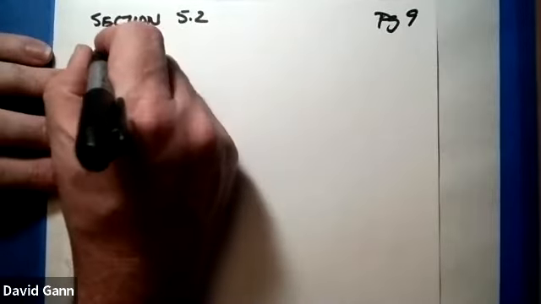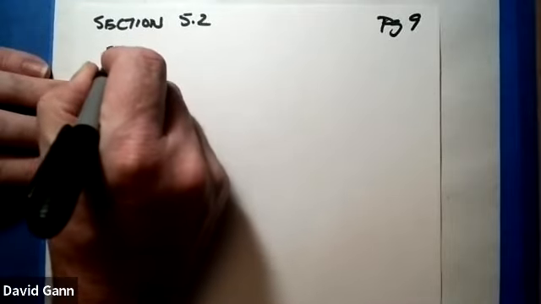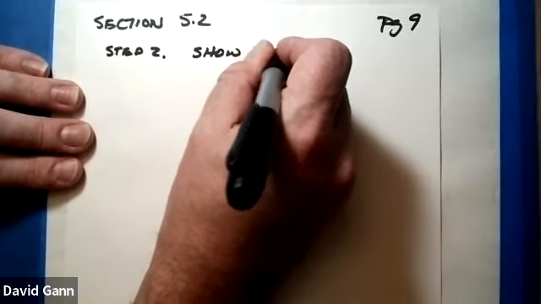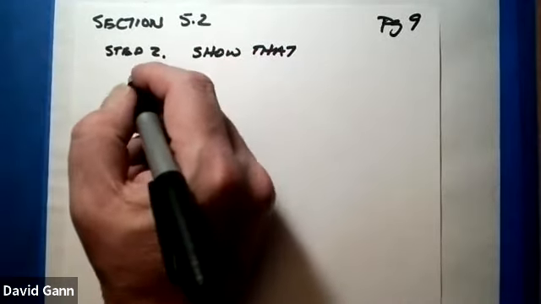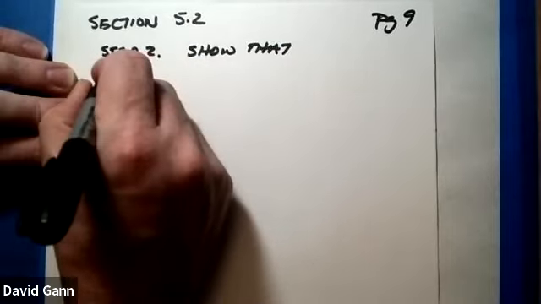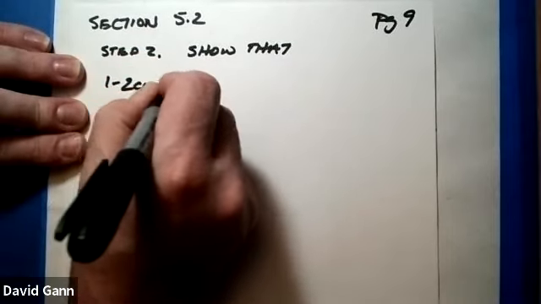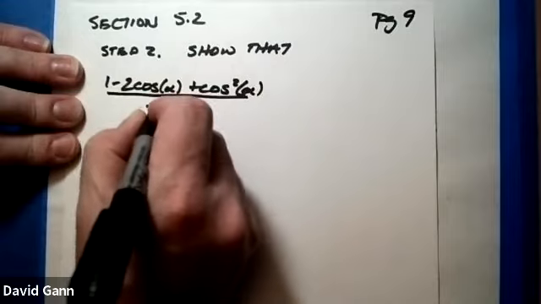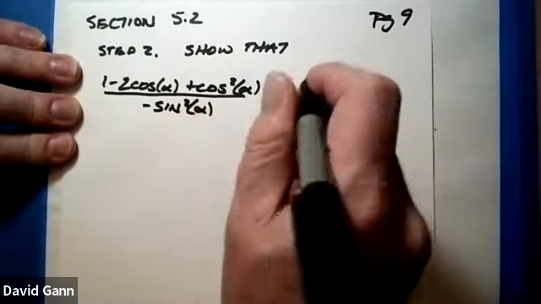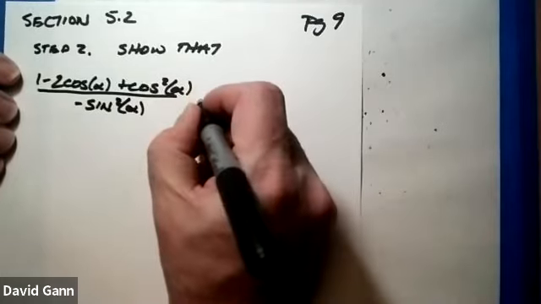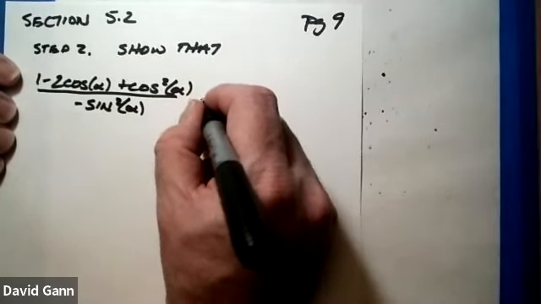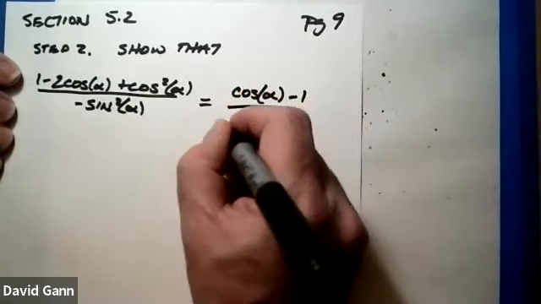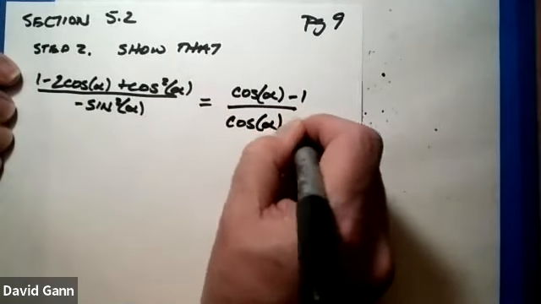So step 2, show that the right-hand side expression, 1 minus 2 cosine of alpha plus cosine squared of alpha over minus sine squared of alpha, is equal to the intermediary, the thing that we just boiled the left-hand side down to, which happens to be cosine of alpha minus 1 over cosine of alpha plus 1.